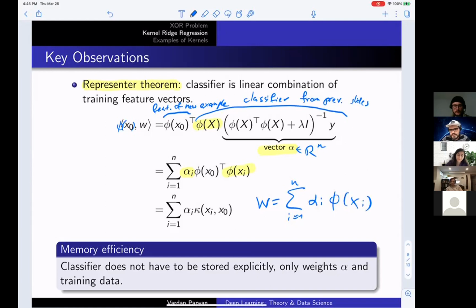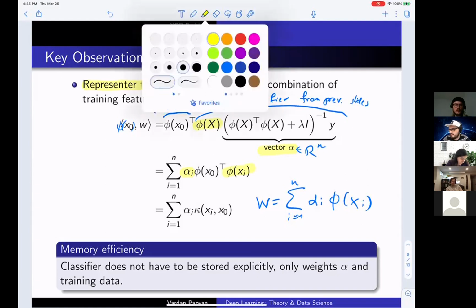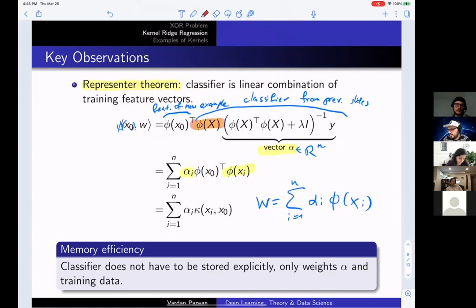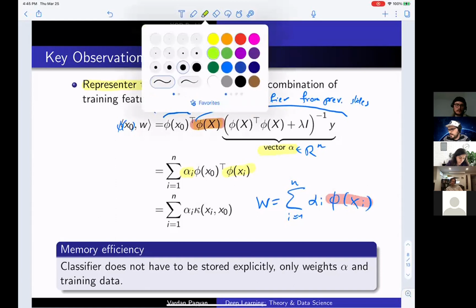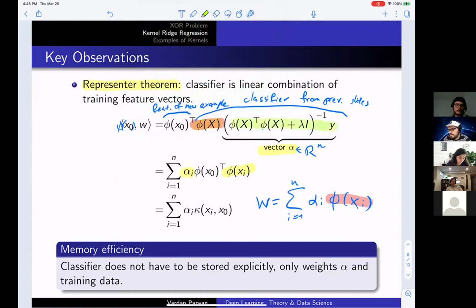What is being represented? The classifier, right? How is it being represented? As a linear combination of the feature vectors. Does this make sense? And so this is just coming from, let me highlight, here you have the phi, here you have the phi, and here you have this quantity. Does anyone have any questions?